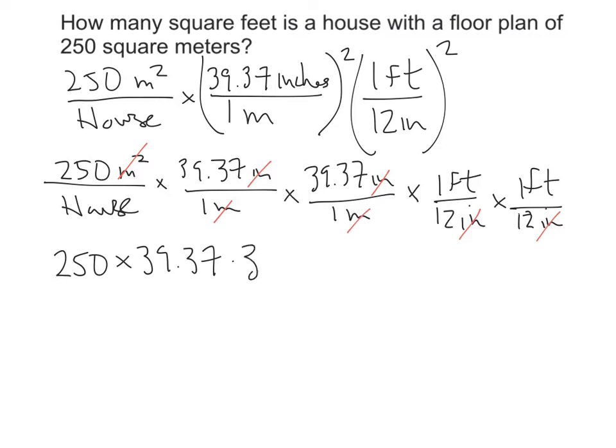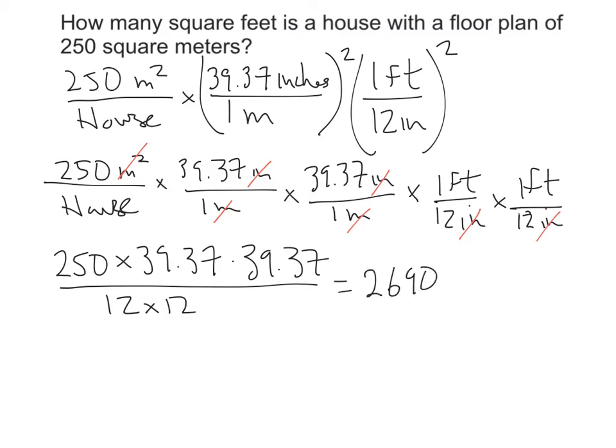39.37 times 39.37, all that being divided by 12 times 12, which, if we sort this out with a calculator, we could do this with leading digit estimation problem work, but let's get a nice precise number. And that's going to get us 2,690.97 or so feet squared.